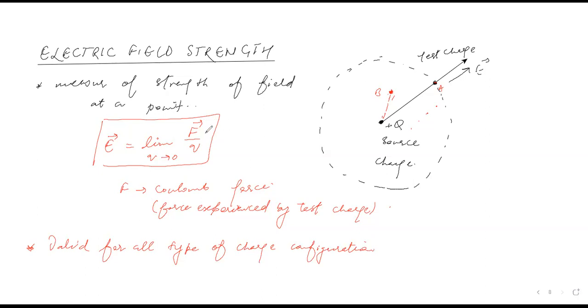What is the unit of force? The unit of force is Newton and the unit of charge is Coulomb. So the unit is Newton per Coulomb. This is your unit in the SI system. It is a vector quantity. This type of quantity, vector or scalar? It is always a vector quantity.